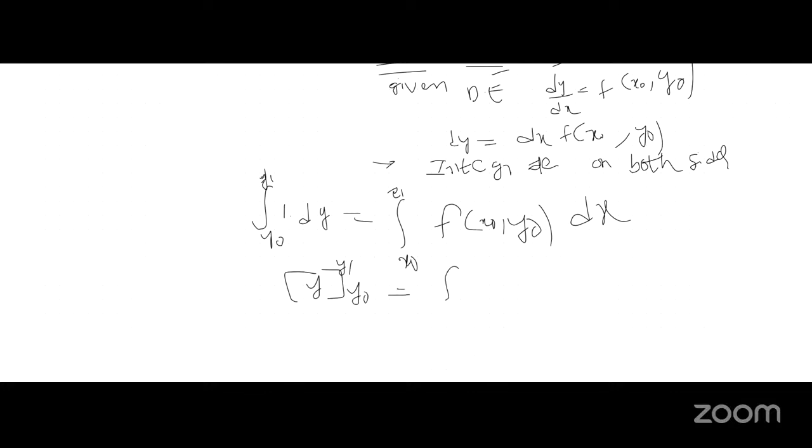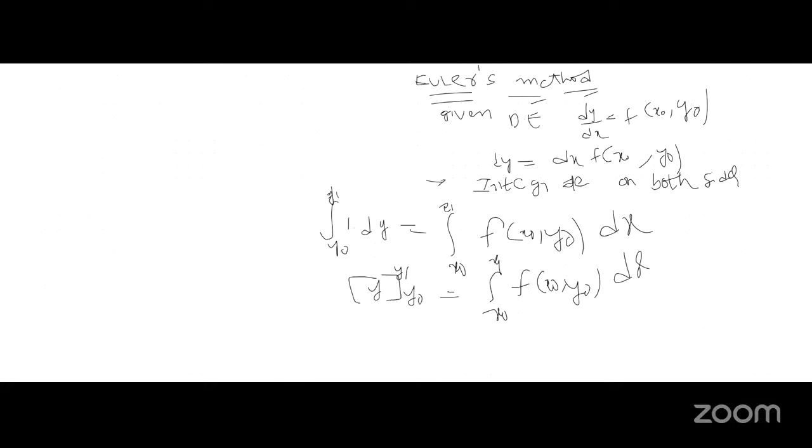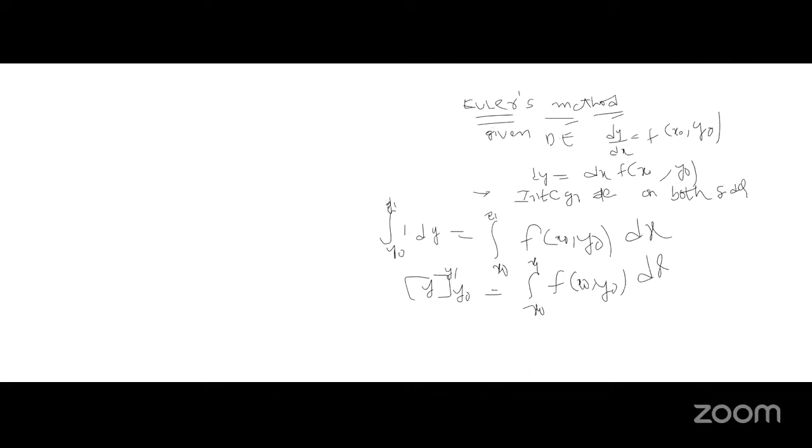So y1 minus y naught equal to the integral from x naught to x1 of f of x naught comma y naught into dx.